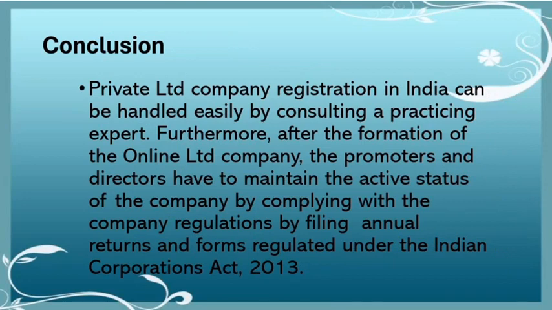Now, let us conclude our topic by saying that registering a business in India is a very easy, simple four-step process. One is the digital signature certificate, second is the director identification number, third is registering on the MCA portal, and fourth is the certificate of incorporation.